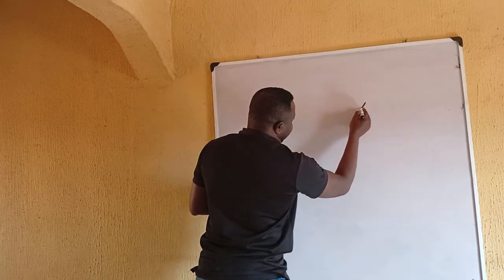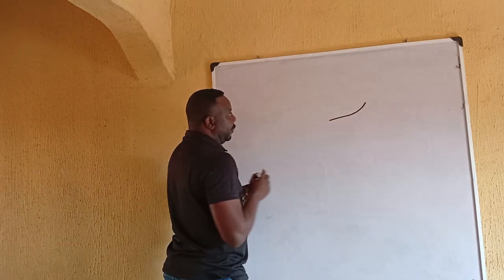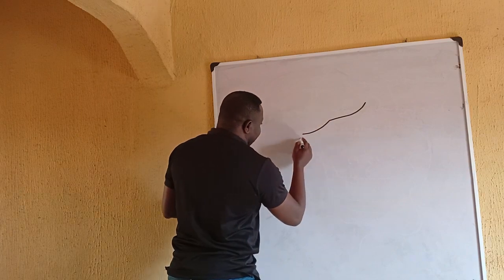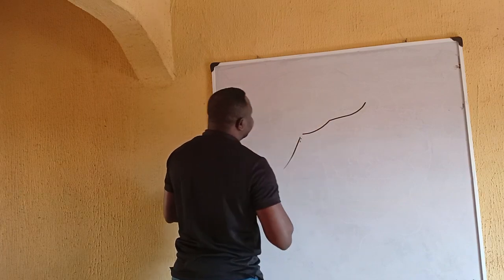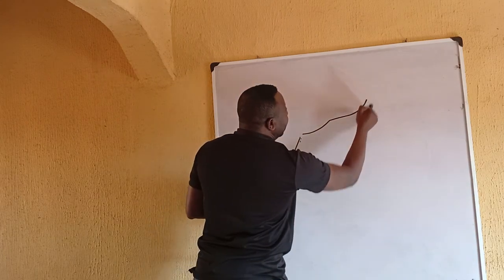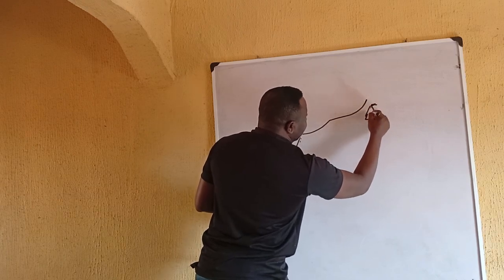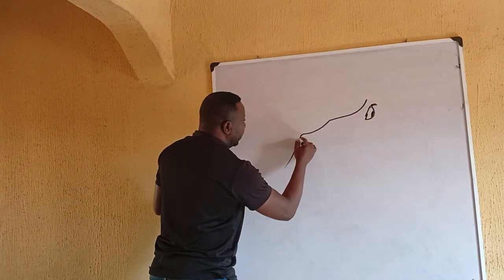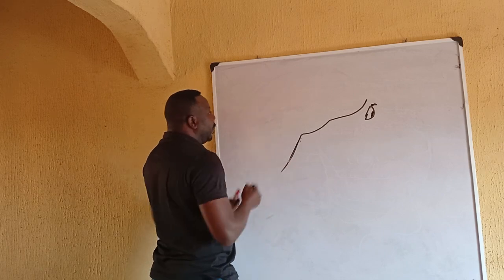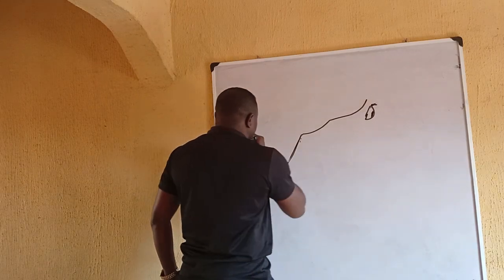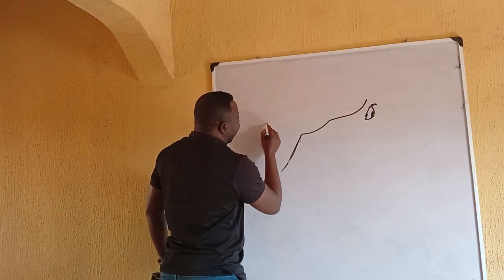Now, let's look at some structures. Now, this is our anterior cranial fossa, middle cranial fossa, and then we have the posterior cranial fossa. Now, in the posterior cranial fossa, we have what we call the brainstem.